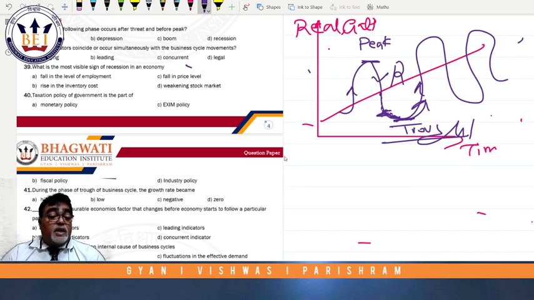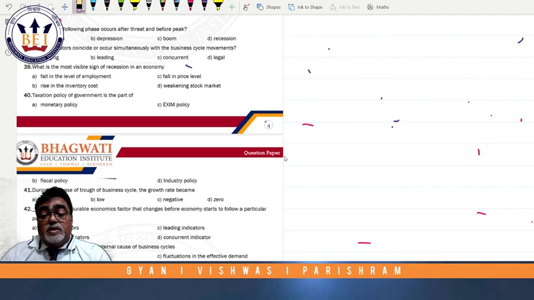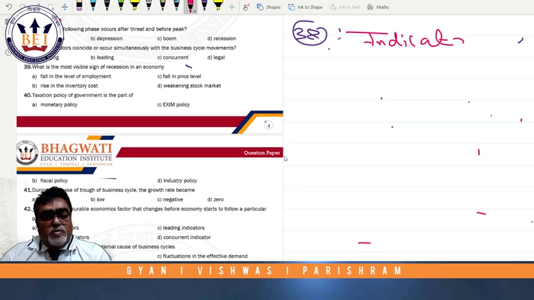The upswing of the business cycle means A. Which indicators coincide here, I have seen they have given this when I taught at Christ University. I also have given separate notes on that. Careful, for 38 and other questions, I am giving you an idea for indicators. Simple way, simple way.